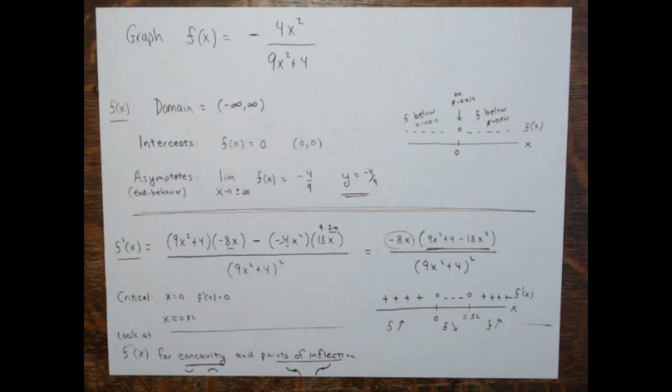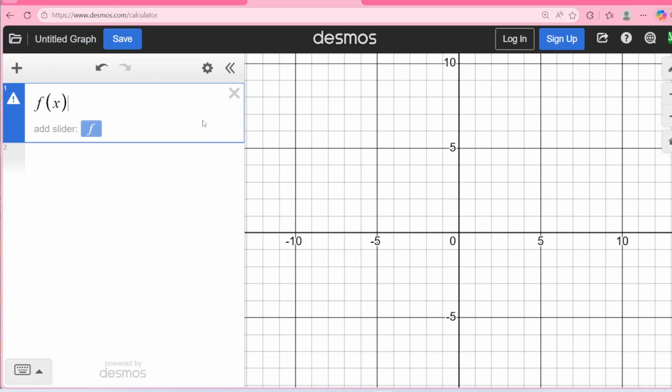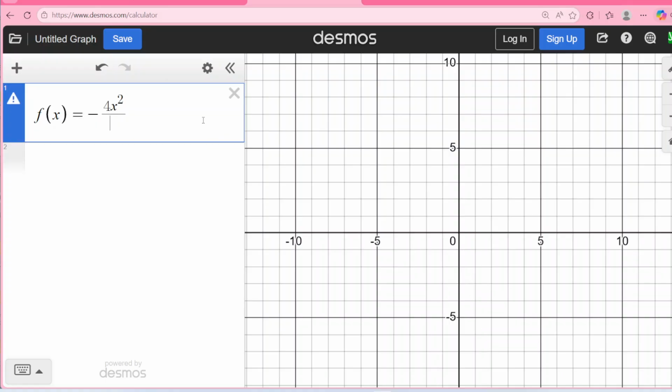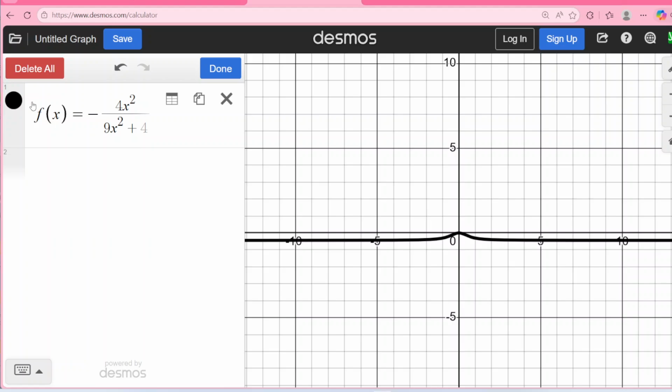Now I'm going to punch this in, and I'll come back and look at this and see. All right, so I'm going to put this function in. Right here is the function we were given. f of x equals negative 4x squared in the numerator divided by 9x squared plus 4 in the denominator. All right, so this little thing here, I'll make it a different color.